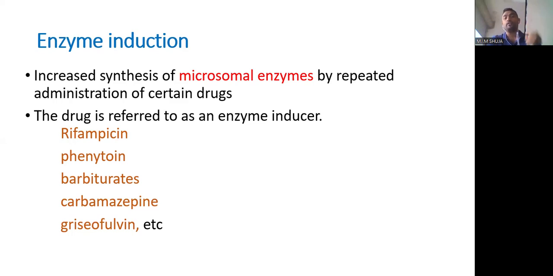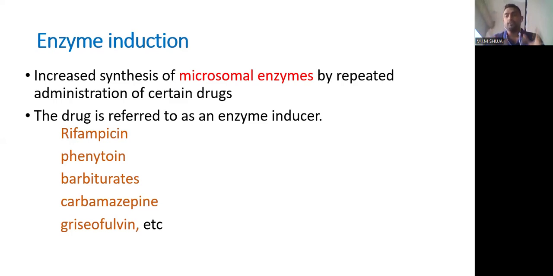If you give an enzyme inducing agent, you may need to increase the other drug. If you give an enzyme inhibitor, then the metabolism is reduced for that drug, so drug concentration increases. In that situation, you may need to cut down the drug dose. So these are the basic ideas of enzyme induction and enzyme inhibition.